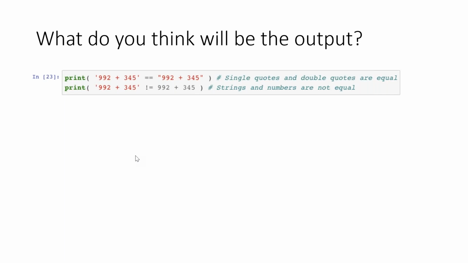So what will be the answer for the first one? Will it be true or will it be false? True. It will be true, because strings in double quotes or single quotes are the same objects. It doesn't distinguish. The second one is false, because the first one is a string object. The second one is basically two numbers.